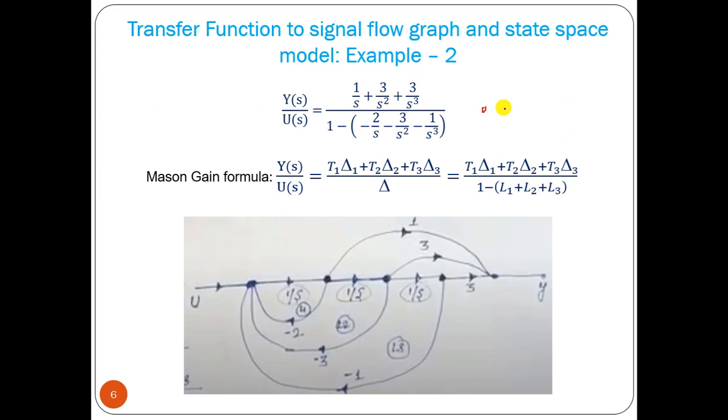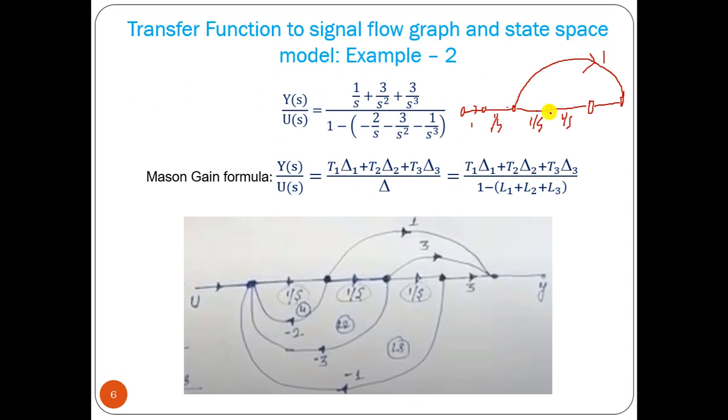If we consider one point where we have this 1 by s term, we must have 3 terms, 1 by s, 1 by s, 1 by s. So from the input it will be 1 by s, and we can connect it directly with 1.